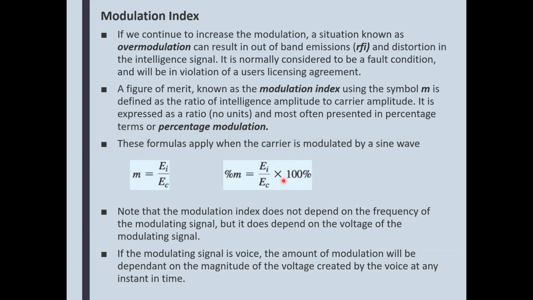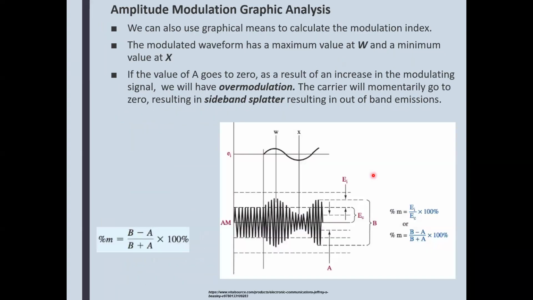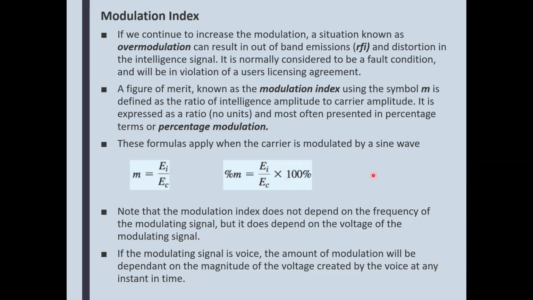The limiters prevent overmodulation amplitude-wise, and the band pass filters prevent other frequencies from being present there, so other channels cannot be affected. Something called intermod, or intermodulation, we don't want that. Okay. So here's the formula.